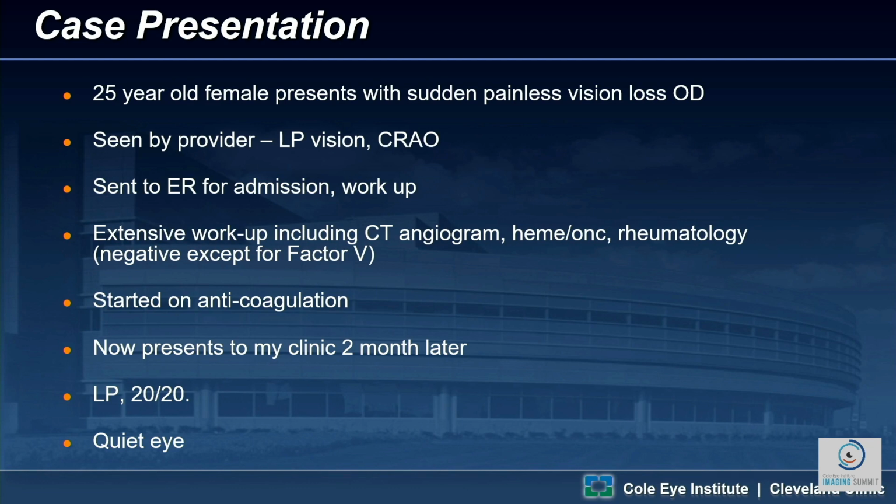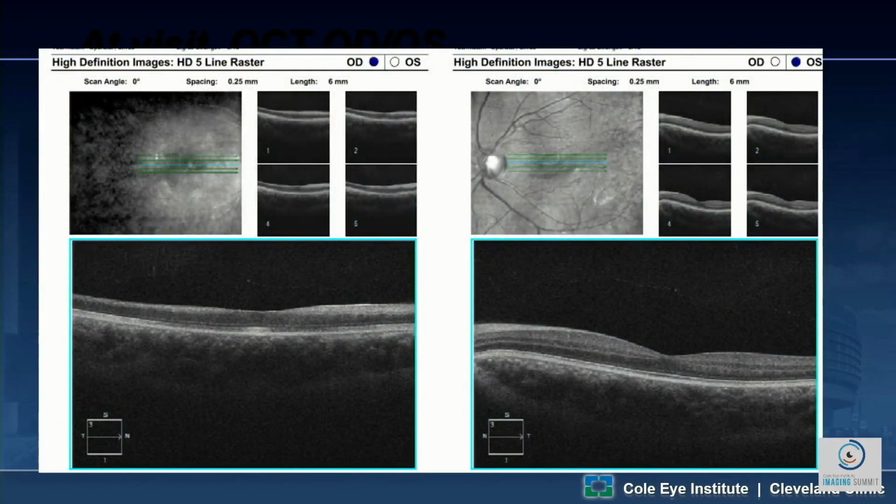So she's LP, 20/20. She has a quiet eye. Here's that right eye and the left eye. Justice, anything interesting to you when you look at this? The retinal thinning, anything else that you see? Anything that worries you? When we look at the right eye there, as you said, you see extensive inner retinal atrophy, a little bit of that hyperreflectivity that is still actually present.